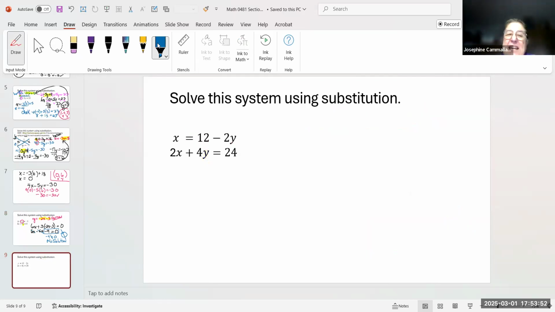Now, our last slide in this case. And the beautiful part is, I already have an x by itself.